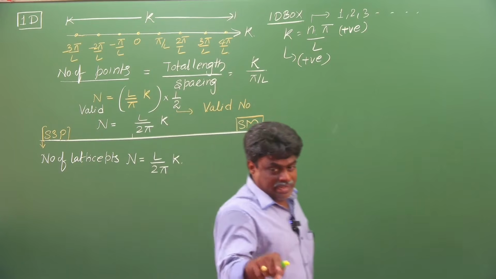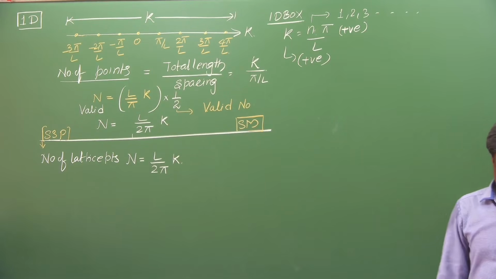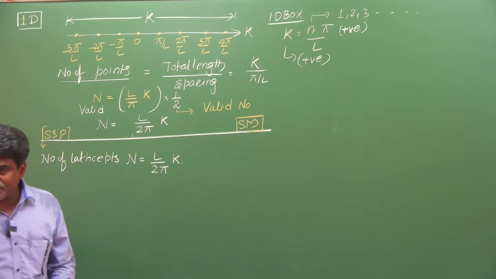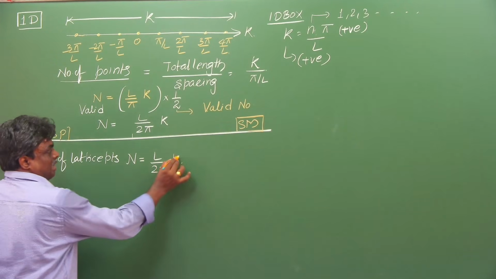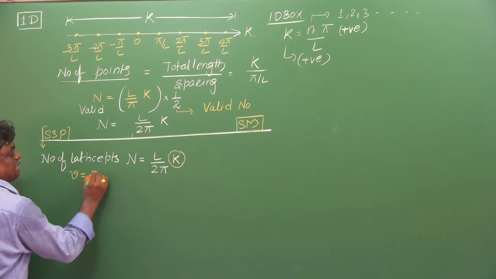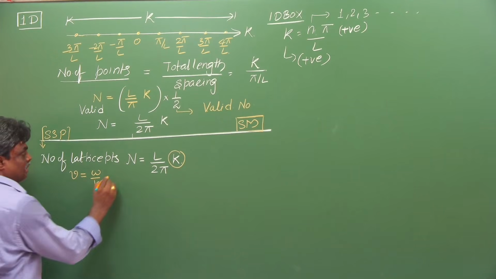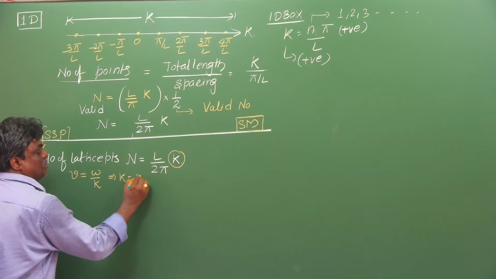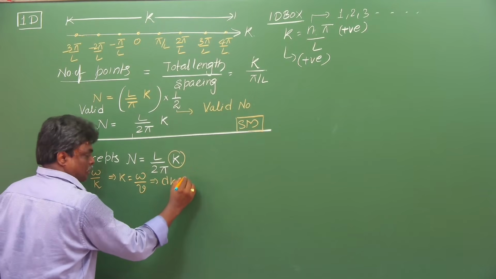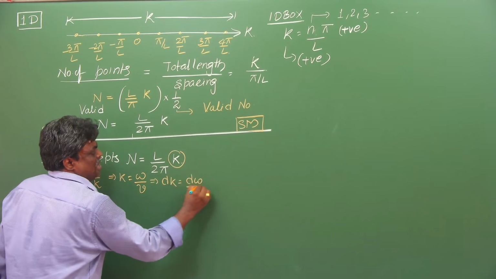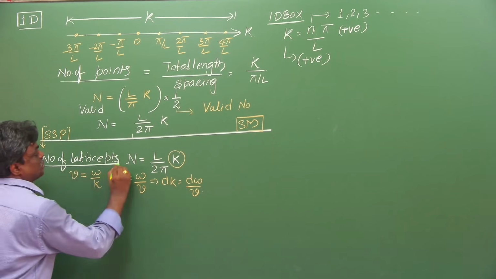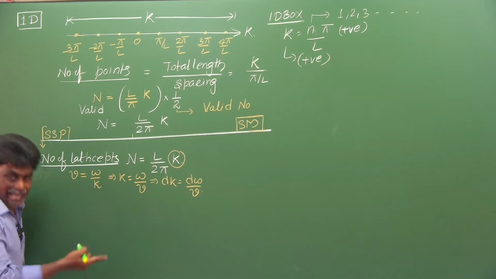I have given the heading: lattice vibrations, density of lattice vibrations. Vibrations are related to frequency or not? So I don't want this k. I hope everybody knows velocity equals how much? That implies k equals how much? That implies dk equals how much? Now I am finding the density of lattice vibrations, meaning dn.